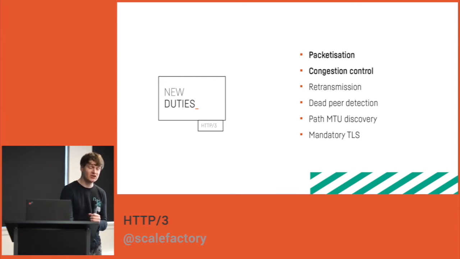If a packet gets lost, someone switches from Wi-Fi to their mobile connection, that's going to have to handle retransmitting a packet to them, and then detecting that actually it's a dead peer and you should stop talking and give up quickly. All of that moves into the app, along with finding out how big a packet you can send between one endpoint, the web server, and your client, or vice versa. Writing a web browser, and implementing all the details just got a whole lot harder.